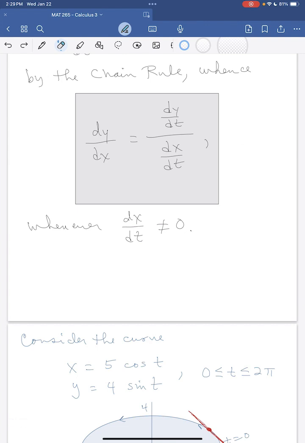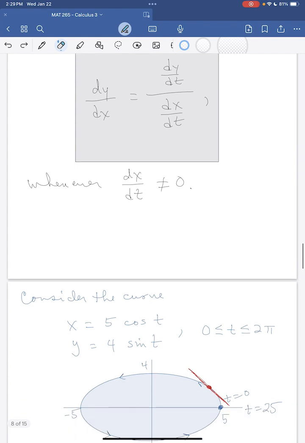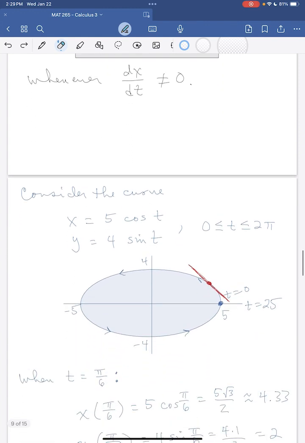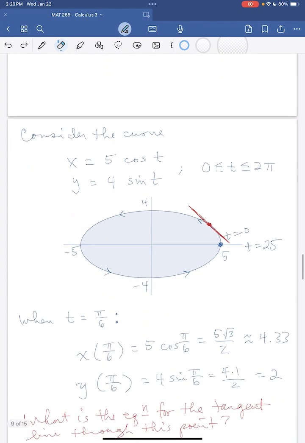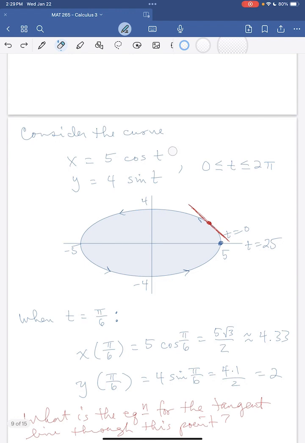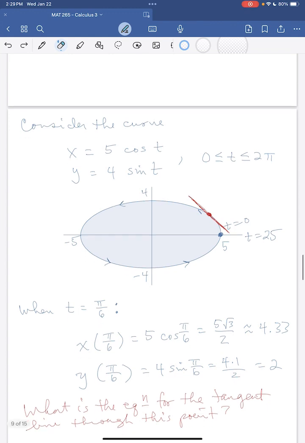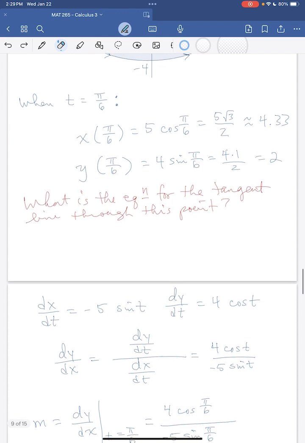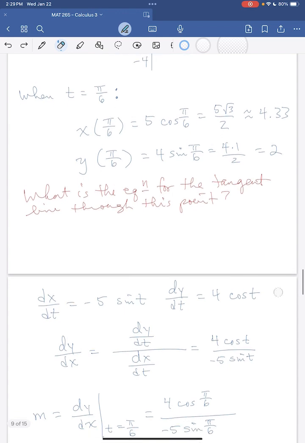So let's calculate each derivative with respect to t. dx/dt would be negative 5 sine t, and dy/dt would be 4 cosine t. Yes, that's what I have here. So dx/dt and dy/dt, and then we use the formula for dy/dx and what we just calculated, and we get this.